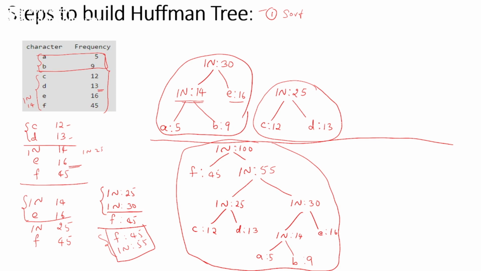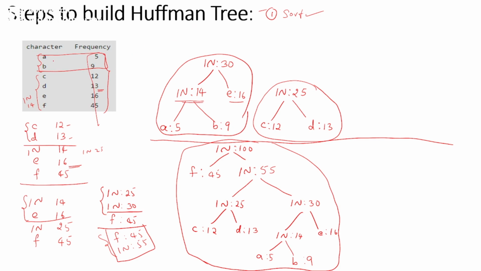So I'll repeat the steps. The first thing you need to do is, if a table is given with frequency, if the frequency is not in the ascending order, you need to sort it. Now in our example, we have already the sorted list, so no need of doing the first step. Let us go for the second step.